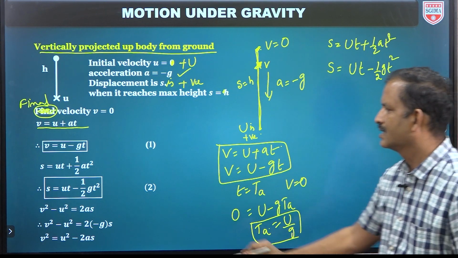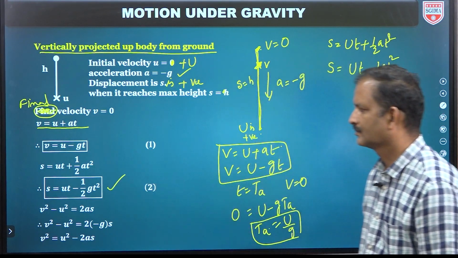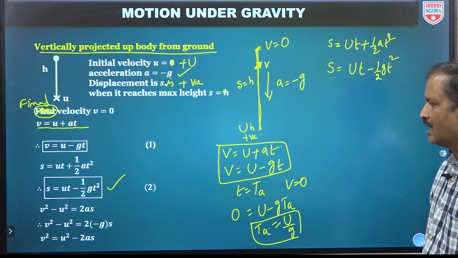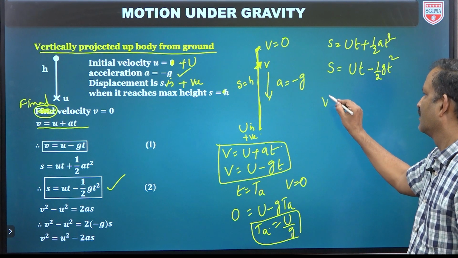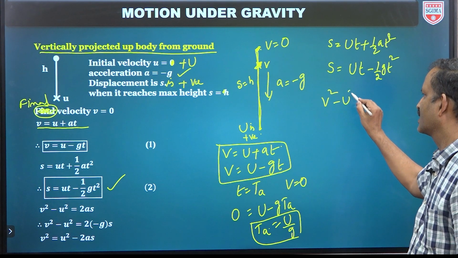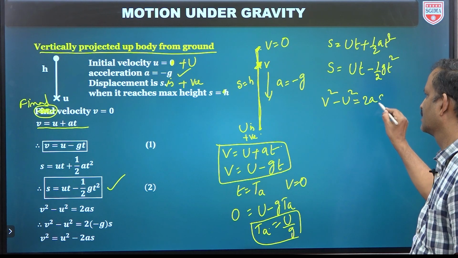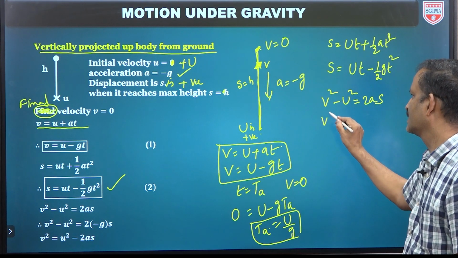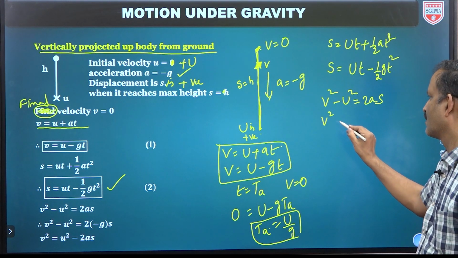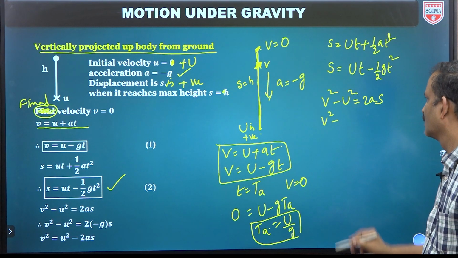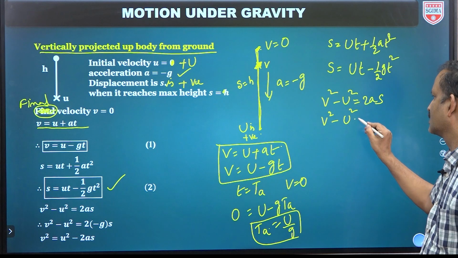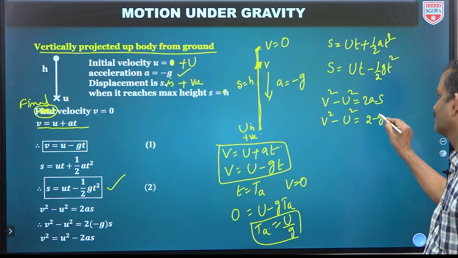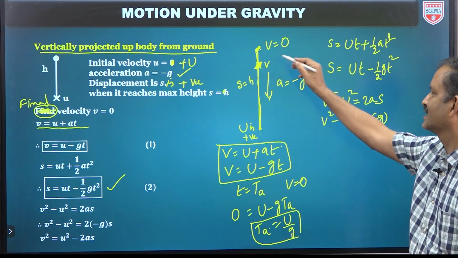This is the second equation. Next, third equation: v square minus u square is equal to 2as. Suppose it reaches this point, v square minus u square is equal to 2, a is minus g, s is positive.